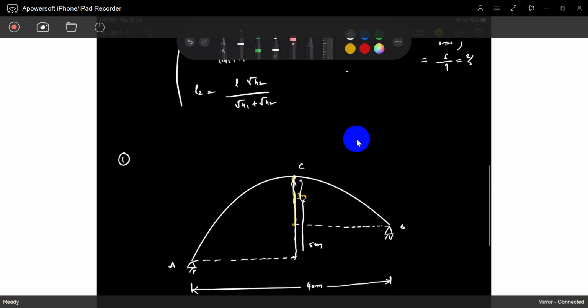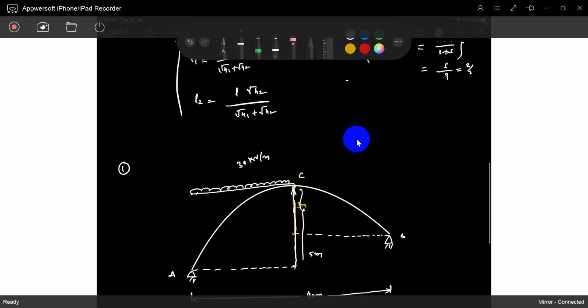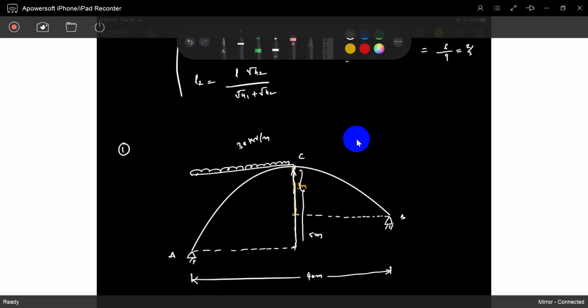And the application of load is 30 kilonewton per meter. They applied the load like this, 30 kilonewton per meter, only on half the span. So what is he asking?